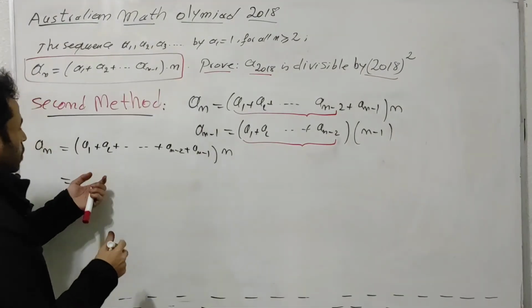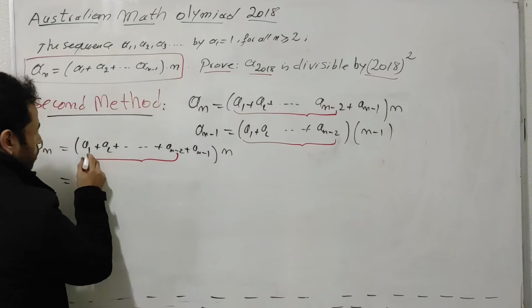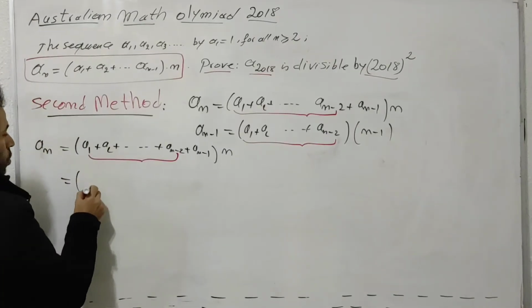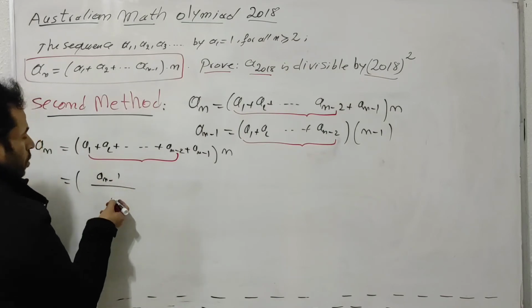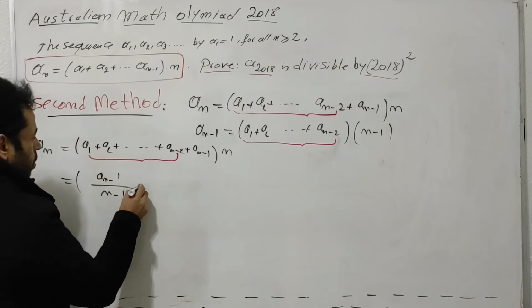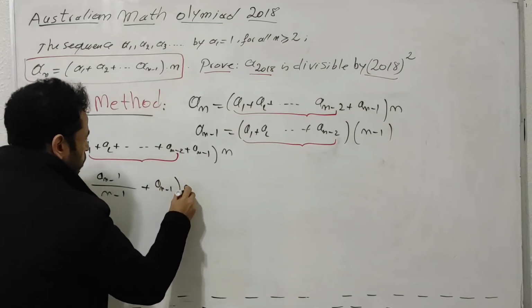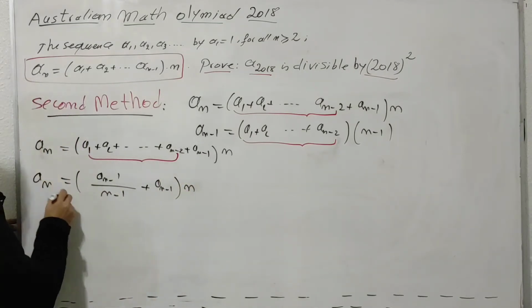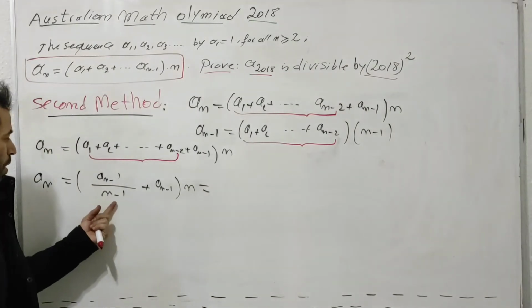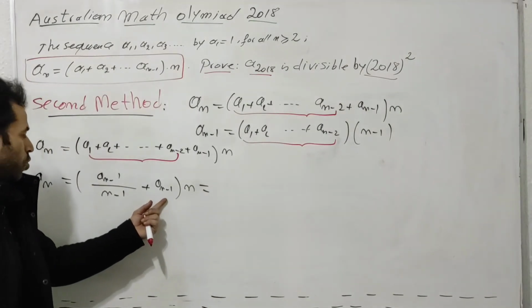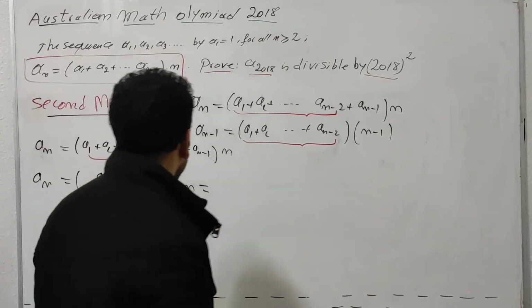Now by replacing this term, I will get e sub n-1 divided by n-1 plus e sub n-1. The whole thing is multiplied by n. Okay. I'm going to simplify this one more by multiplying n-1 by e sub n-1 plus e sub n-1. The whole thing is multiplied by n.